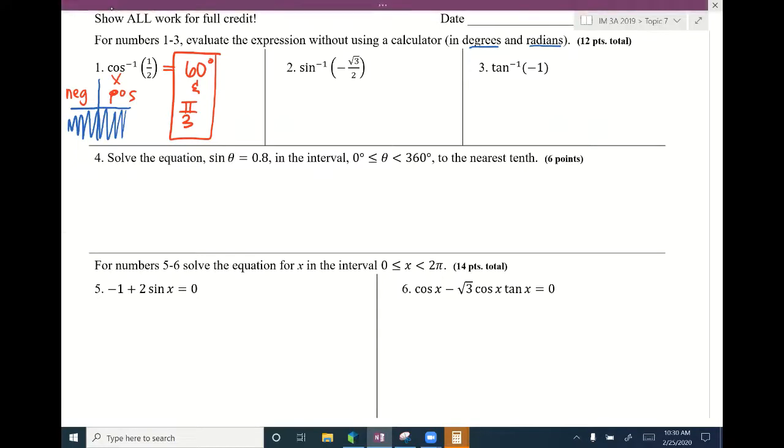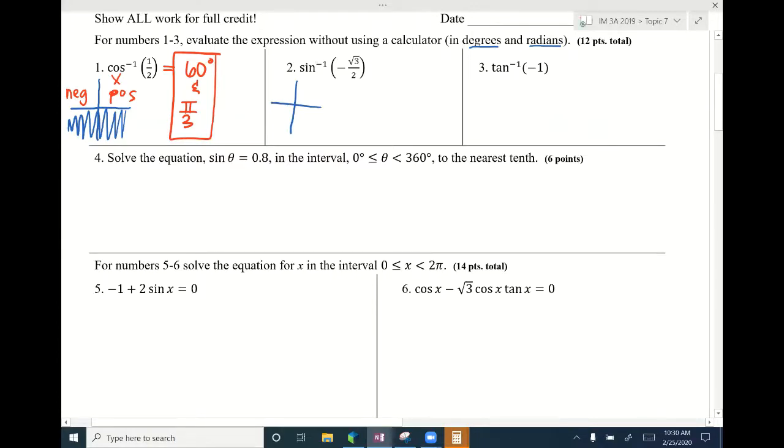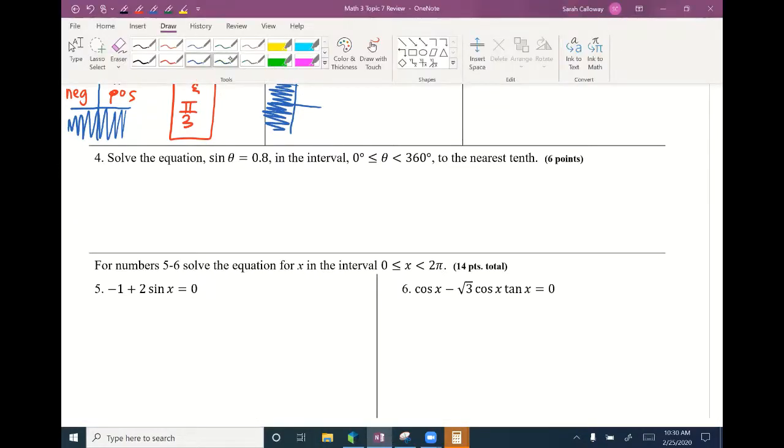For tangent and sine, I have a different restriction. The restriction for sine and tangent, in order for those two functions to be a function, is that I'm looking at only quadrants 1 and quadrant 4.